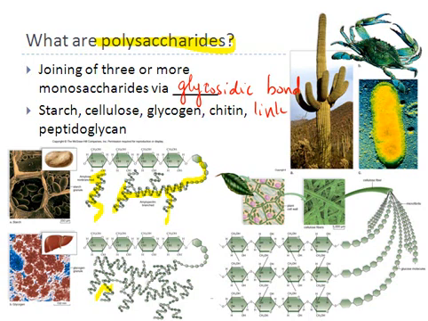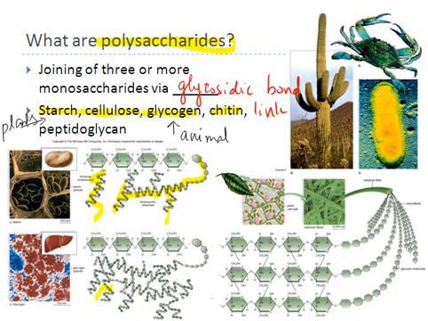Some examples of polysaccharides are starch, which is present mainly in plants. It's the storage form of carbohydrates. Cellulose, also found in plants, is a very structural component. Glycogen is the stored form in animals. So excess sugars are stored as glycogen in animals and starch in plants.